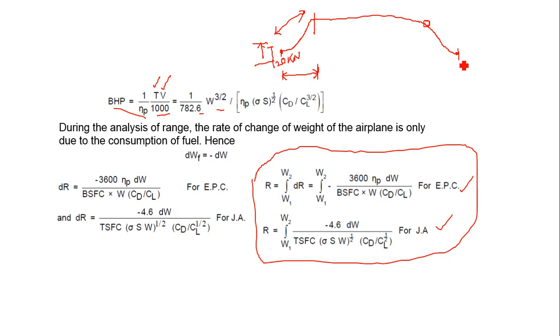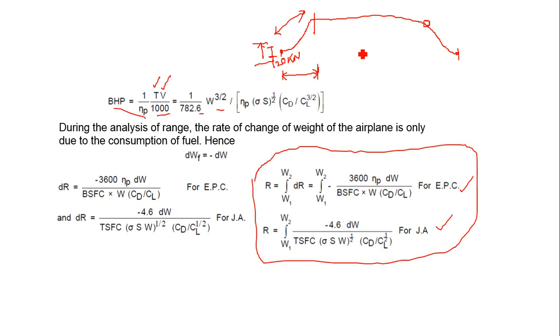When it reaches landing, the fuel will be like this, so the weight will be much reduced. That's why dW_f is equal to minus dW. That means depending upon the fuel consumption, there will be some reduction in the weight of the airplane.